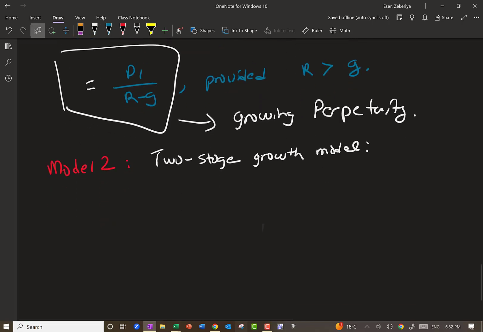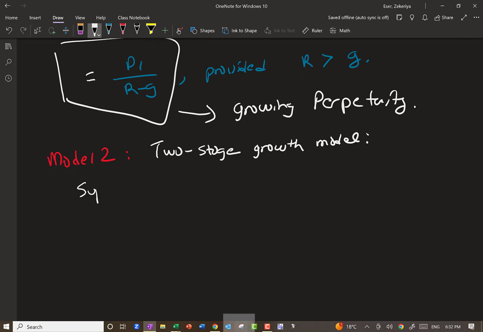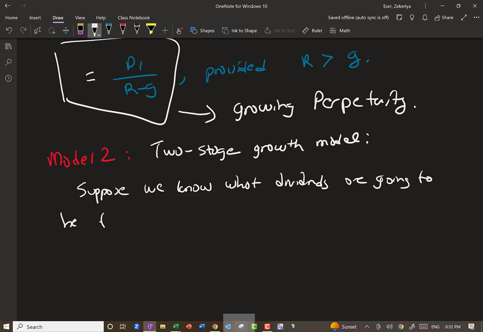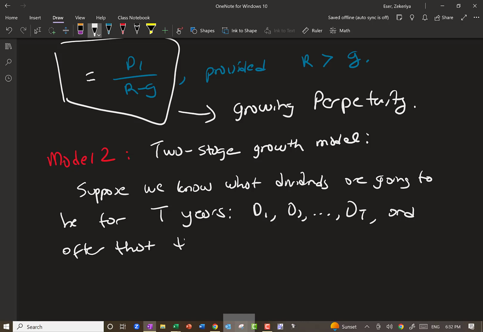So here's what we're going to do. Suppose we know what dividends are going to be for T years. So D1, D2, DT. And after that, they will grow at a constant rate.